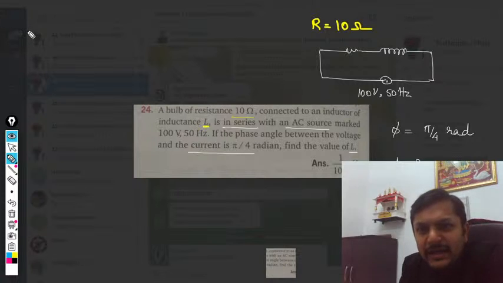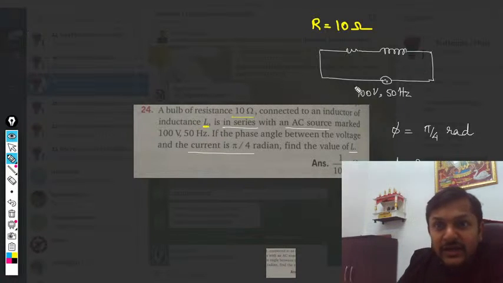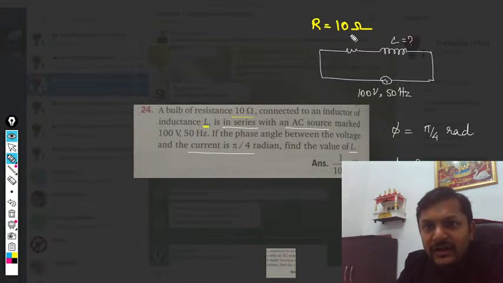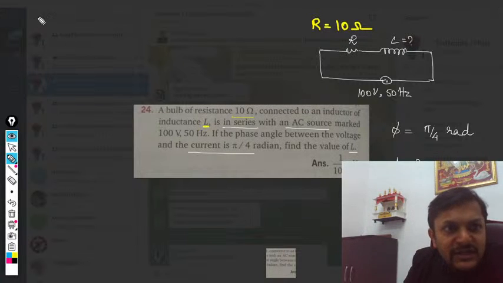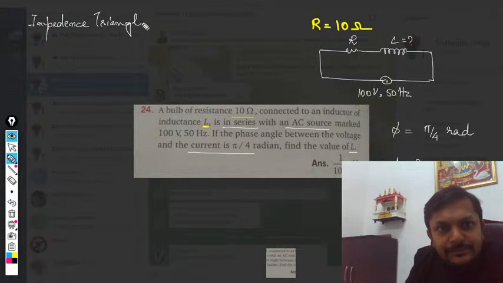मैं सबसे पहले रेजिस्टेंस गिवन है और ये L मुझे फाइंड करना है। रेजिस्टेंस R इज गिवन टू मी, सो लेट अस फर्स्ट ऑफ ऑल क्रिएट impedance triangle.